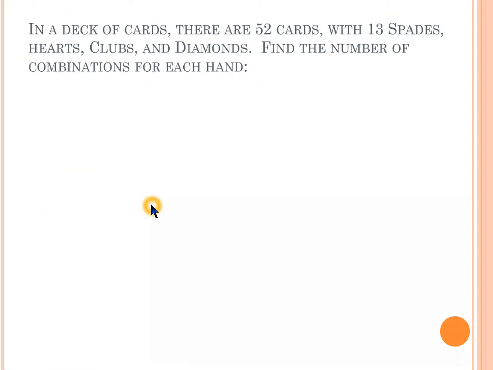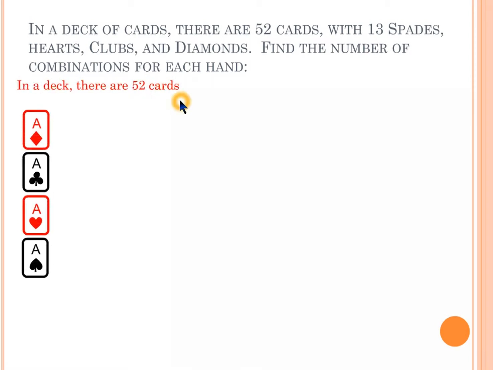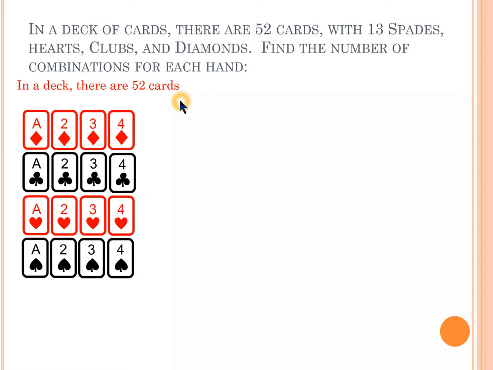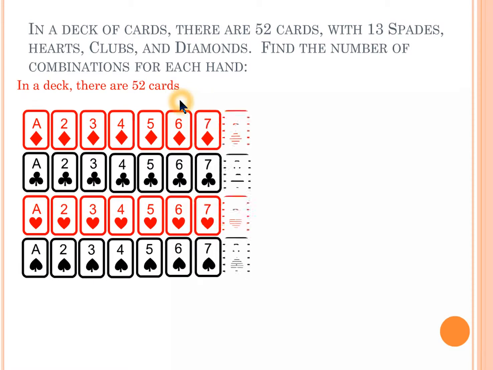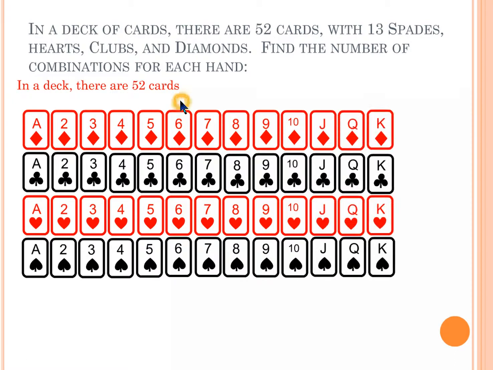Let's look at a few card problems now. In a deck of cards, there are 52 cards with 13 spades, hearts, clubs, and diamonds. Find the number of combinations for each hand. Okay, so in a deck, there are 52 cards. So for all those students who've never played a game of cards before, poker or goldfish, here are all my cards here. So I have a total of 52 cards.